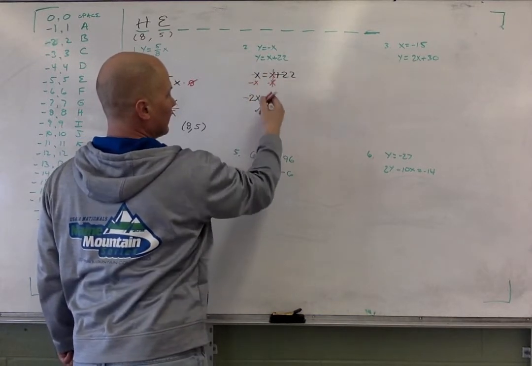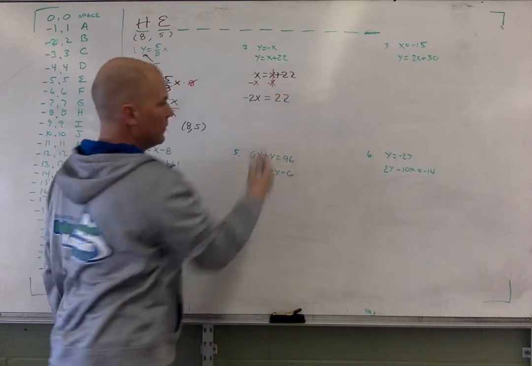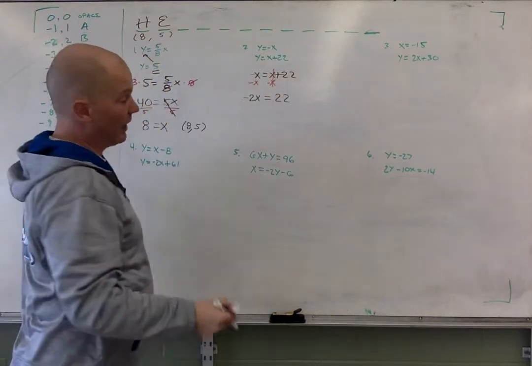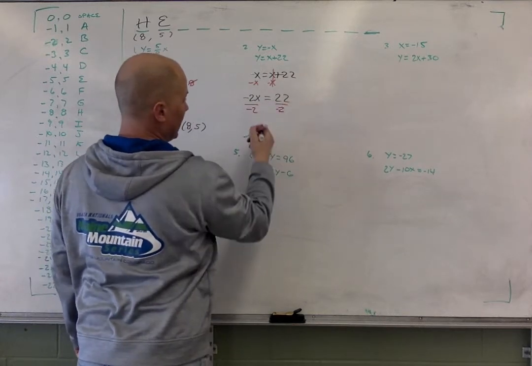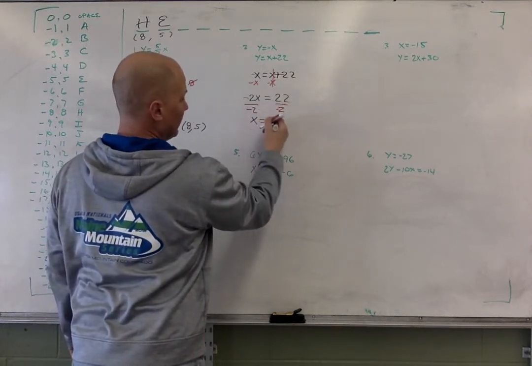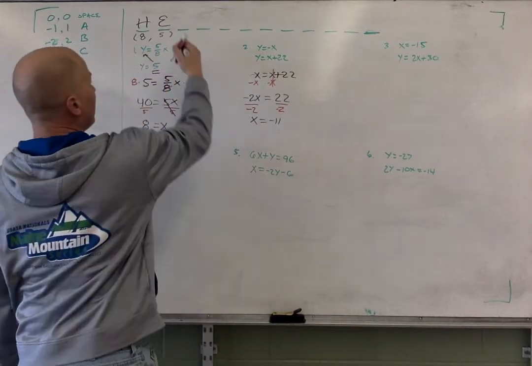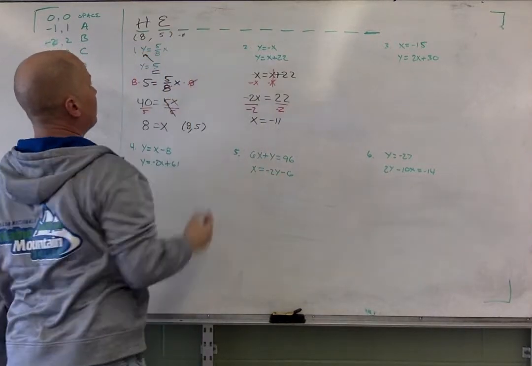These x's cancel out, and that equals 22. At this point, we divide both sides by -2. And so we end up with x is -11. So we know that this one is -11.